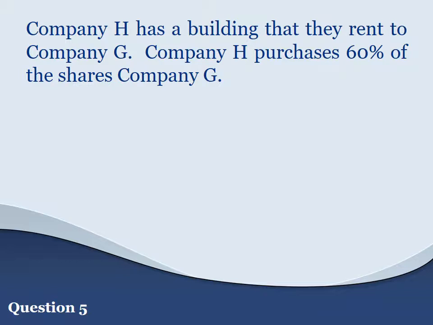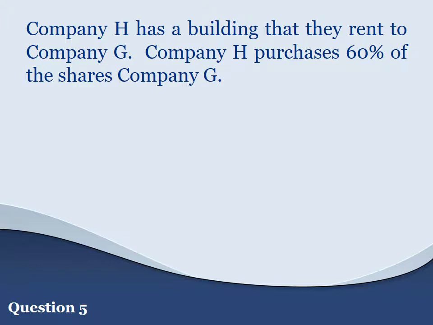The last scenario: Company H has a building that they rent out to Company G. Company H then purchases 60% of the shares in Company G. I gave you a scenario that's similar to this before, but not in quite the same words.